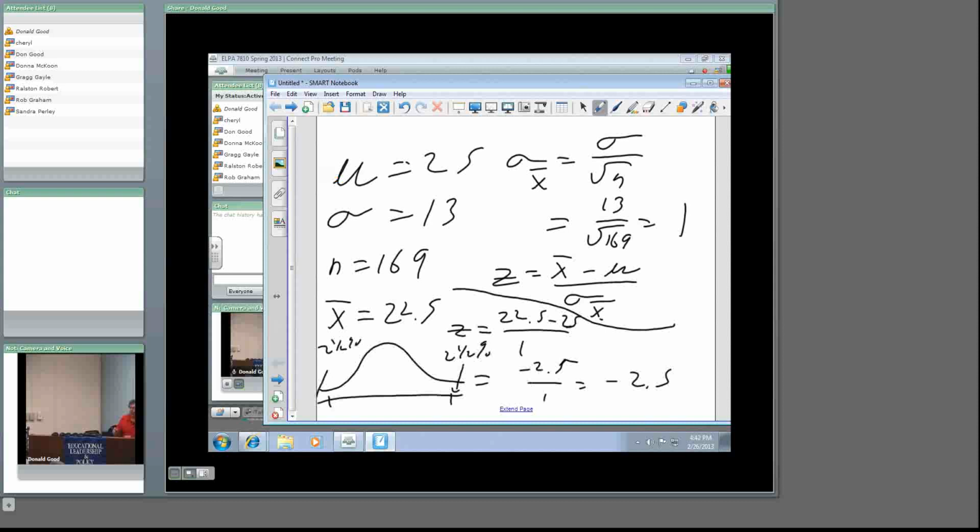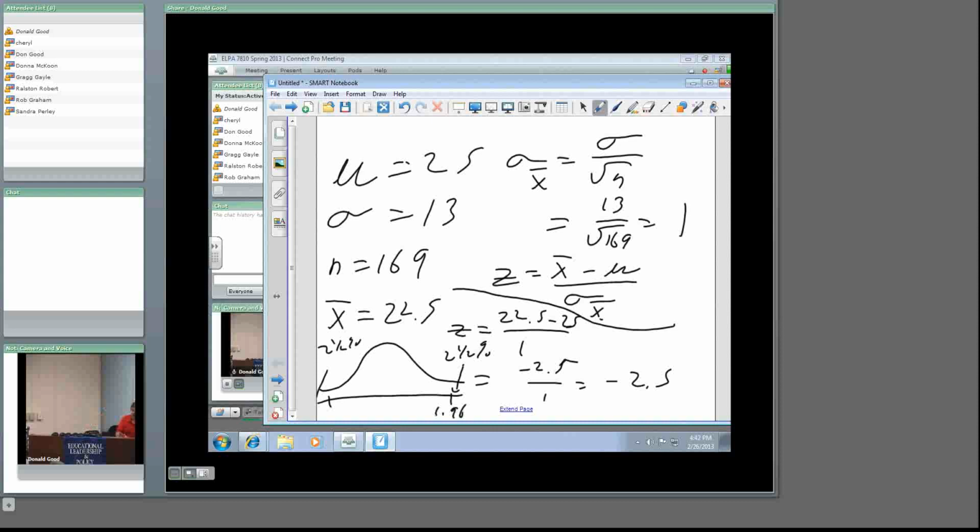Now, what are the magic borders for a two-tailed test at the 0.05 level of significance? What is our magic number that gives you the borderline between common and rare? It's 1.96, and you may want to refer back to some previous recordings if that doesn't seem familiar, because we calculated that.